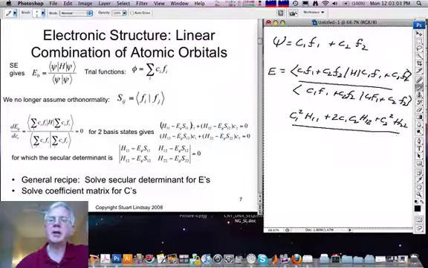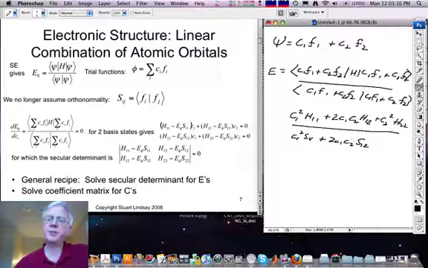And then similarly on the bottom of this expression, we have C1 squared S11 plus 2 C1 C2 S12. Remember, S12 equals S21, plus C2 squared S22.